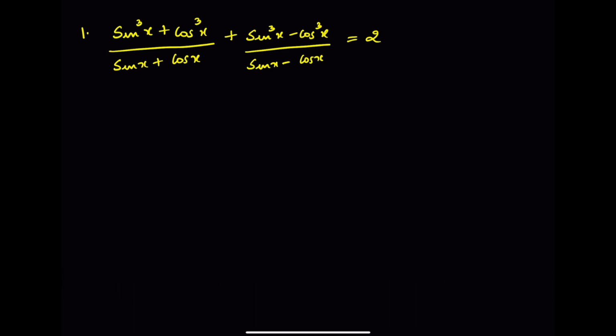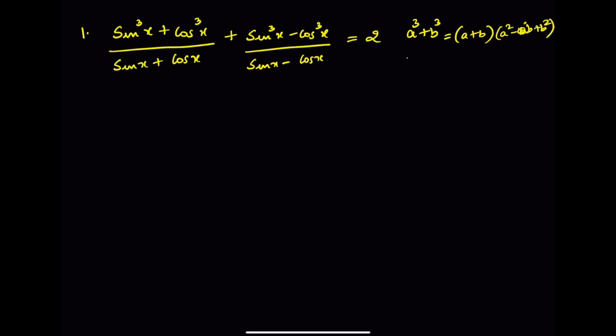So here we have to prove that (sin³x + cos³x)/(sin x + cos x) + (sin³x − cos³x)/(sin x − cos x) is equal to 2. Now the numerator is sin³x + cos³x, which is nothing but of the format a³ + b³, which is (a + b)(a² − ab + b²).